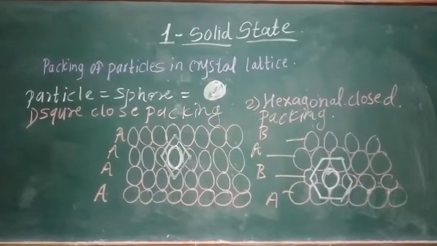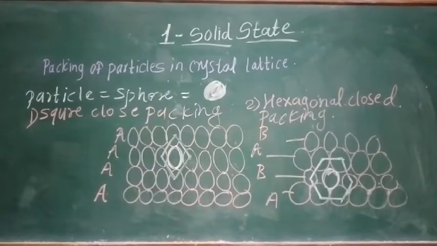In that, the particle is considered as a sphere because crystalline solids are formed by closed packing, and therefore the particles are considered as spheres. In one-dimensional closed packing, the coordination number is 2. In a two-dimensional structure, we have two types, square closed packing and hexagonal closed packing. In square closed packing, the AA type of arrangement, the coordination number is 4, and in two-dimensional hexagonal closed packing structure, the coordination number is 6.